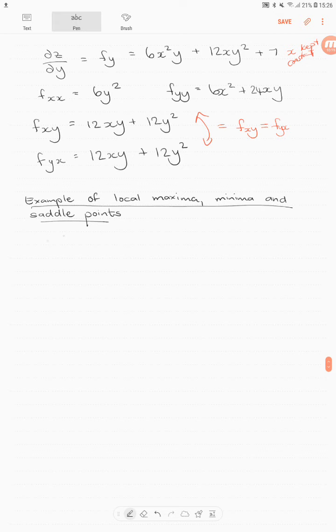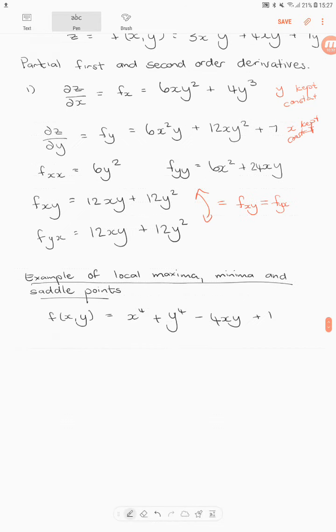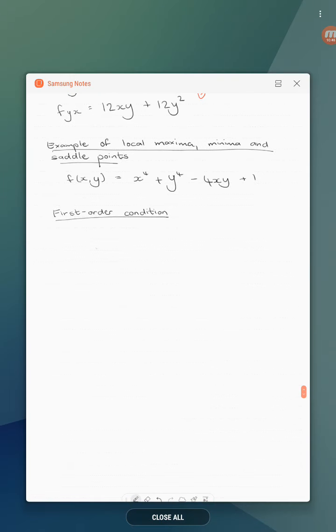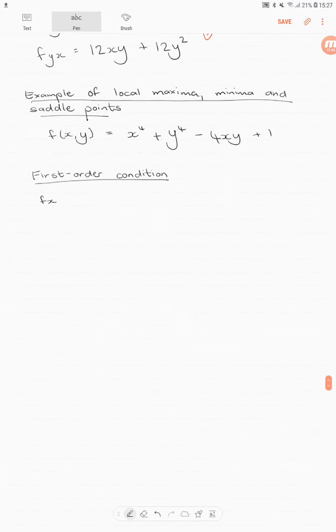So say we have the function f(x,y) equal to x to the 4 plus y to the 4 minus 4xy plus 1. So we need our first order condition. So first we need fx.